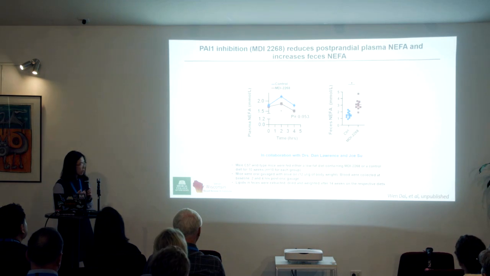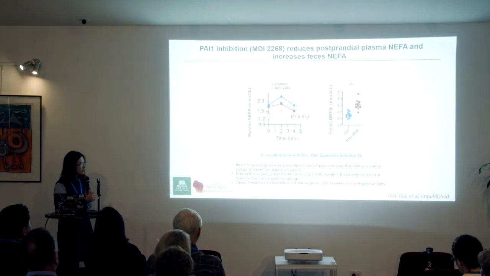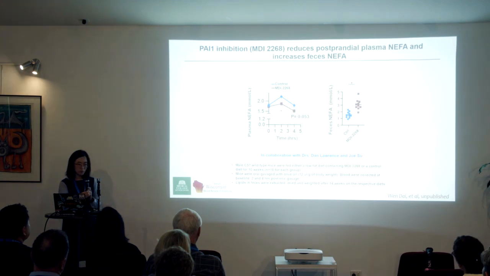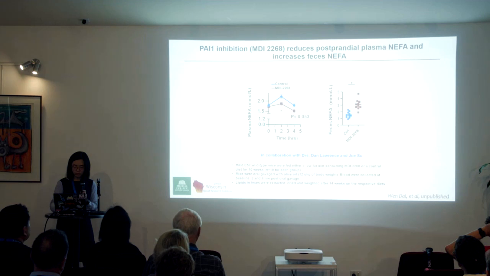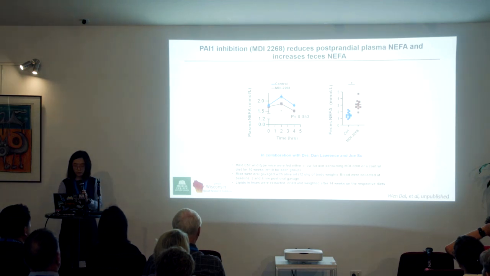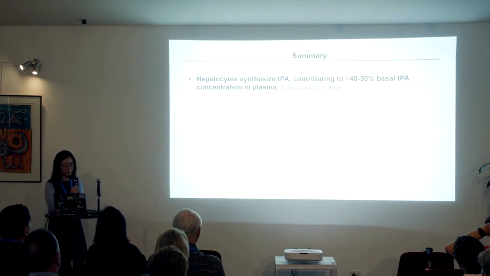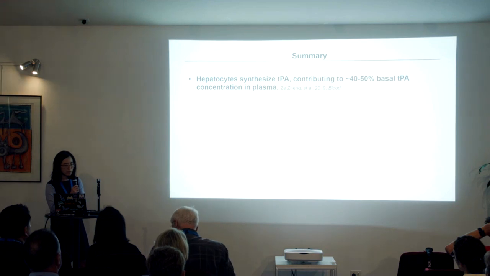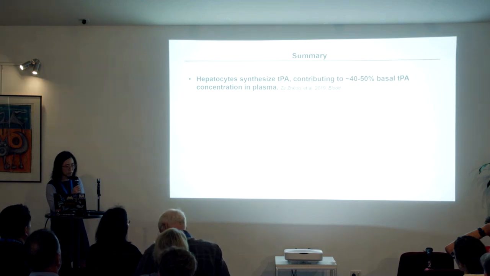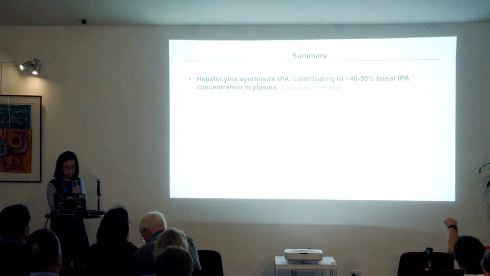So this, together with the intestinal TPA knockout mouse result, makes us believe TPA can reduce chylomicron assembly in the intestinal epithelial cells, and PAI-1 has the opposite role. But there is a lot that we need to do to further validate this conclusion. In summary, we found that the hepatocyte can make TPA and it contributes to nearly half of the plasma TPA basal concentration.